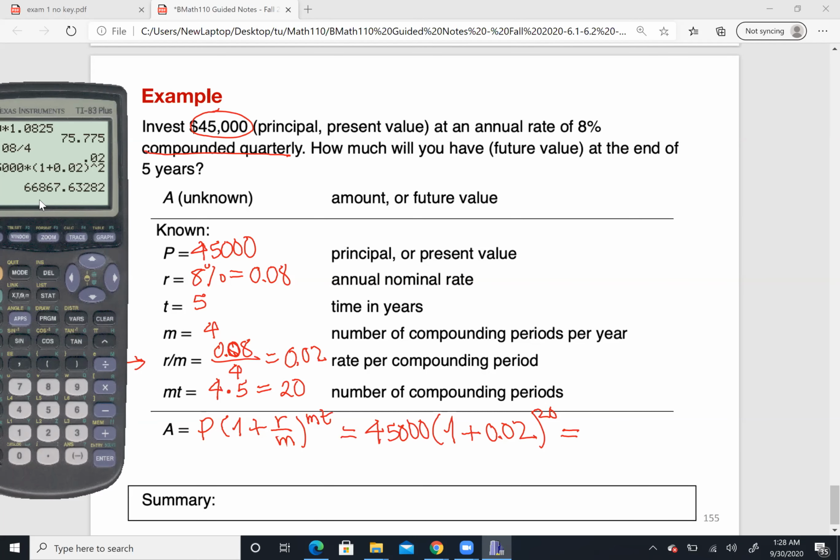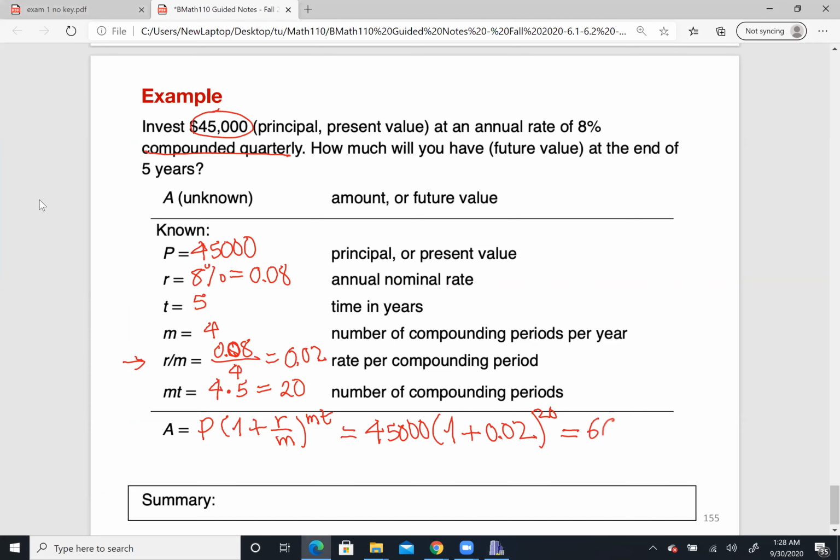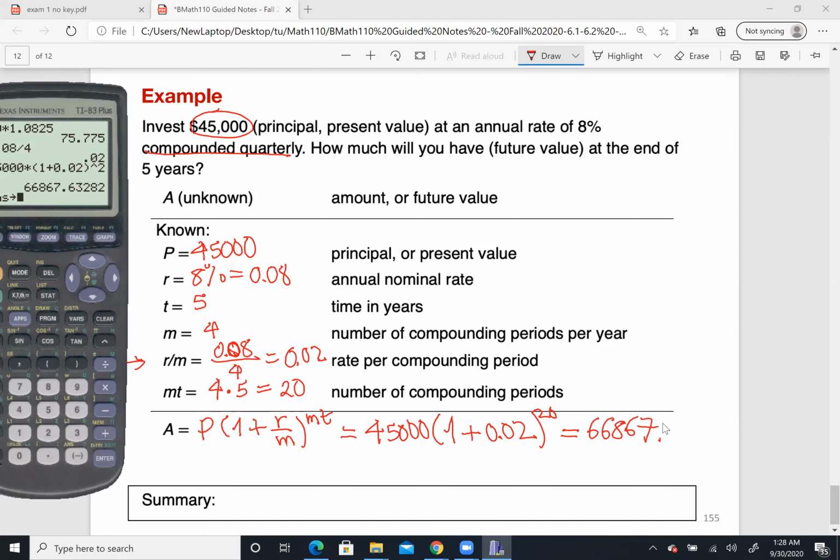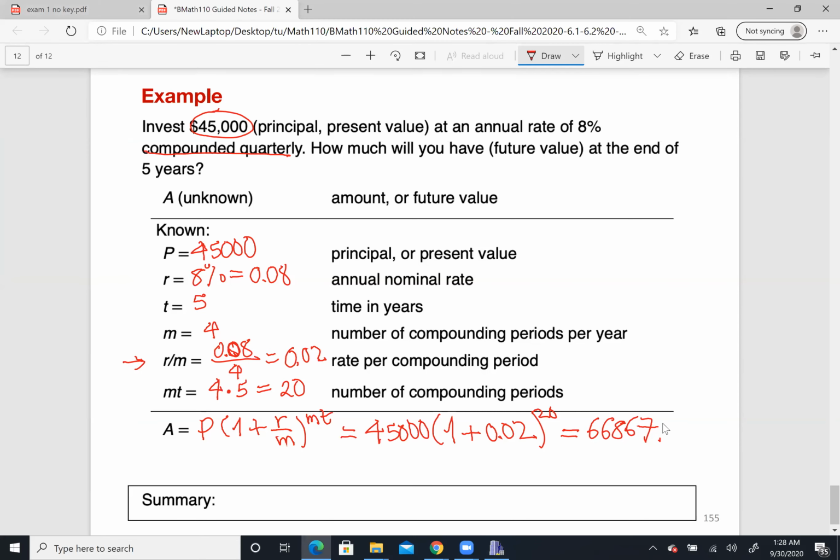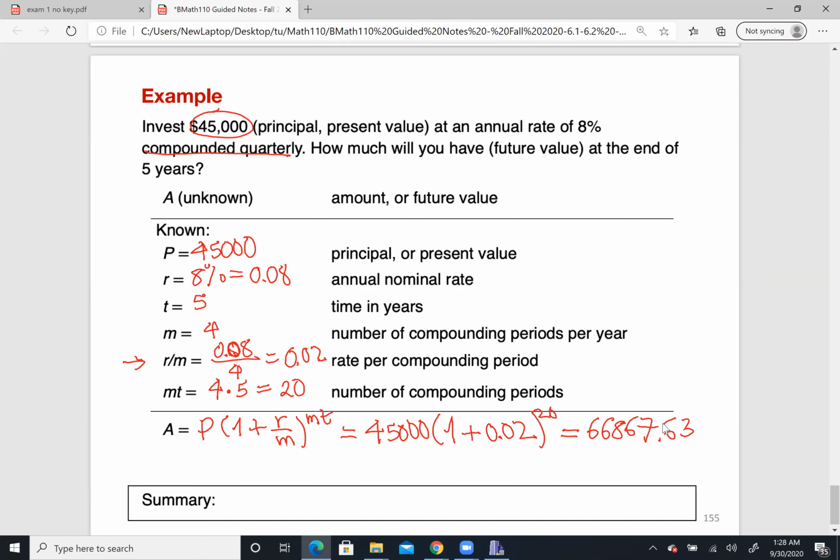That makes sense. Usually we just round to 2 decimal places because cents have only two decimal places.